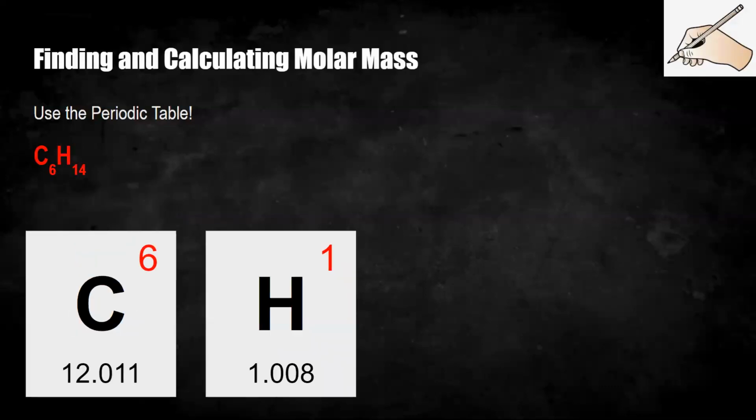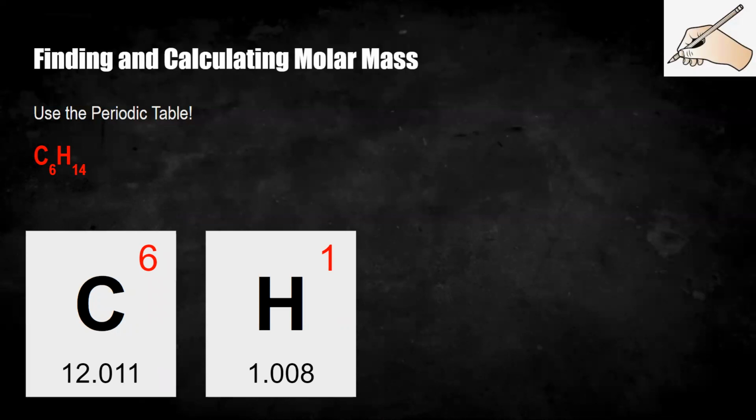So say we were trying to find the molar mass of this compound. Now we know how to find the molar mass of one element, but we don't actually know how to find the molar mass of a compound yet. Now all we're going to do is count the number of atoms of each element we have in the compound and then multiply it by that element's molar mass.